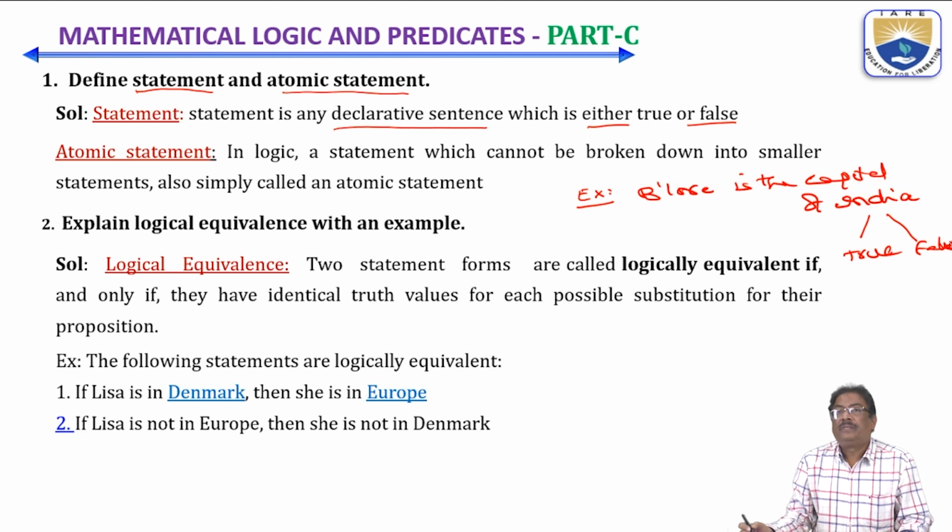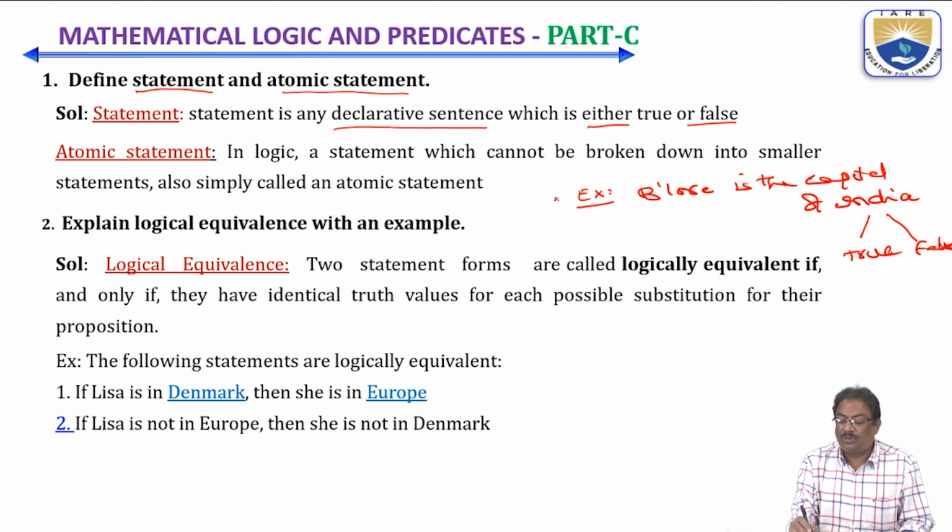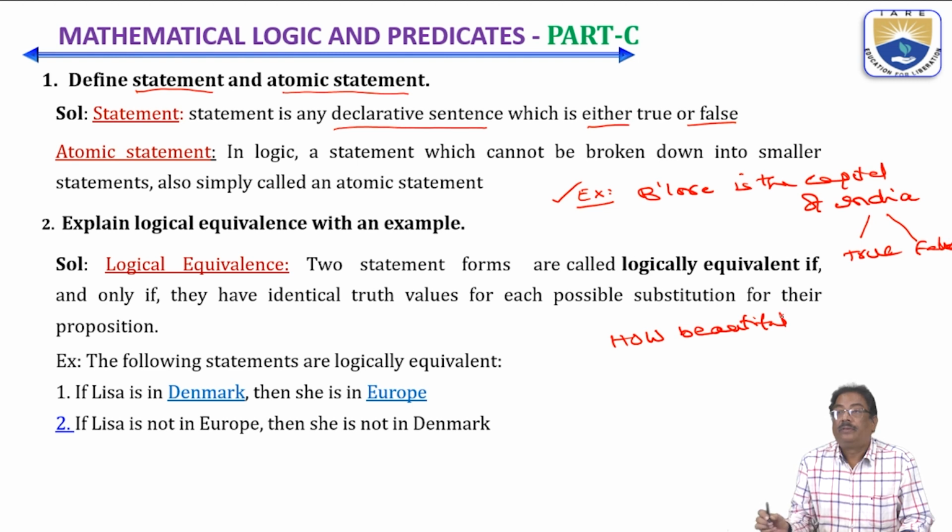Such declarative sentences we call a statement. Suppose we consider a sentence like this: how beautiful. It's not a declarative sentence, so we are not going to consider it a statement.